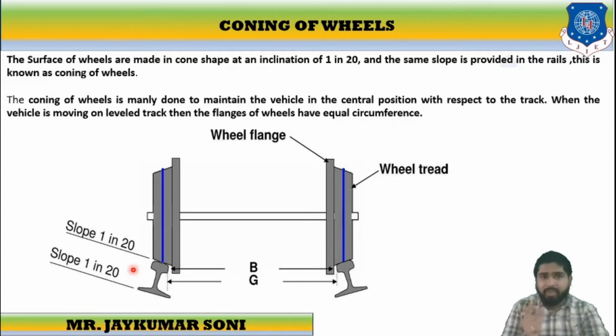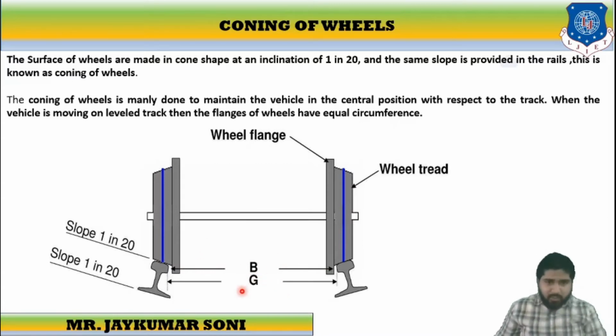When the vehicle is moving on the level track, the flanges of the wheels have equal circumference. You can observe this. See, this is the gauge distance and this is the width between the wheel flanges.